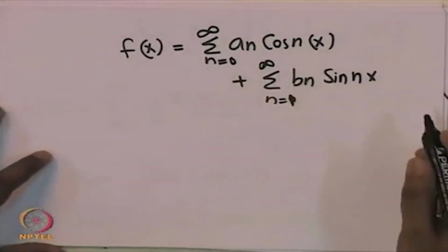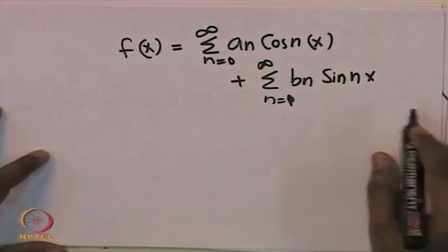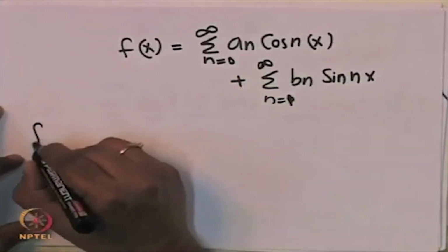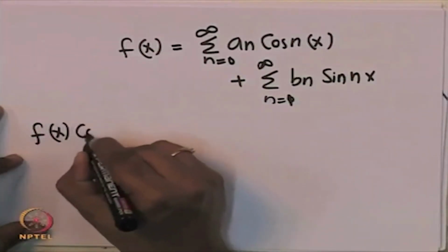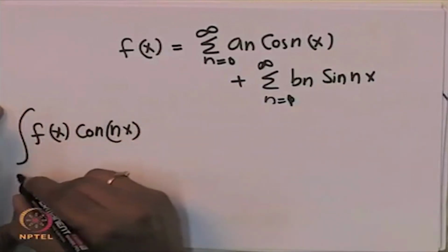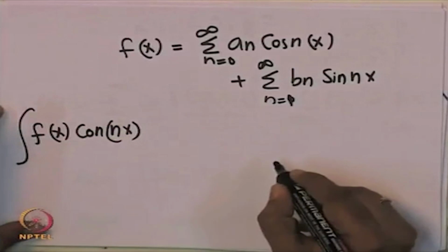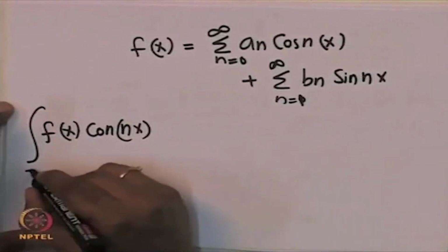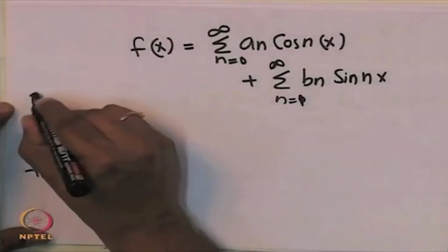Okay. Now, what do we get? Now, let us multiply f of x with cos n x and integrate from minus pi to plus pi.